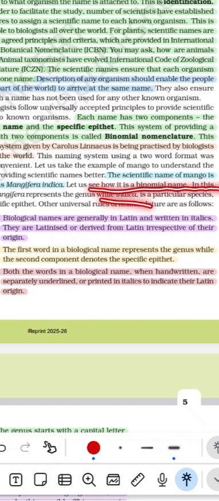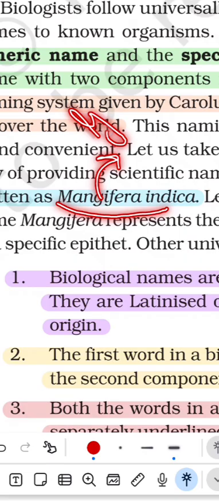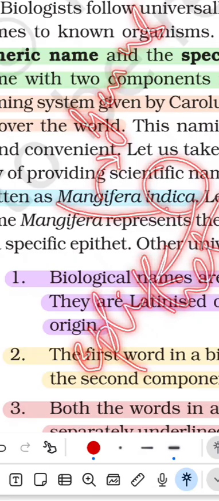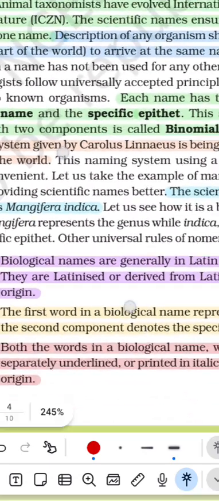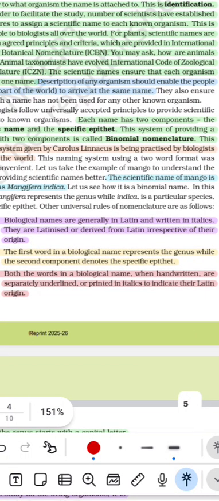This is a type of print, but in this written language, Mangifera indica, there is the use of italics. And if you see the biological name Mangifera indica, Mangifera is the name of genus, and indica is the name of the specific epithet.